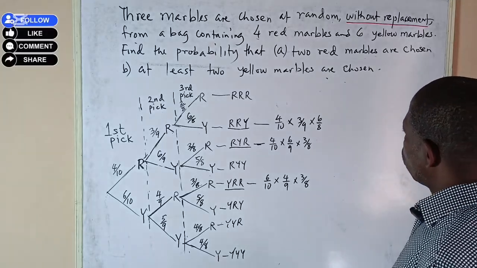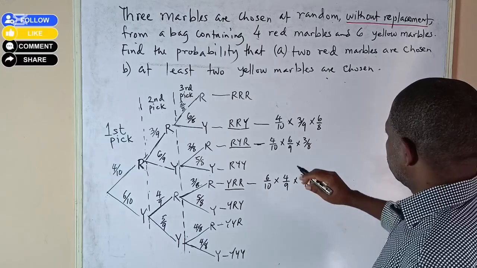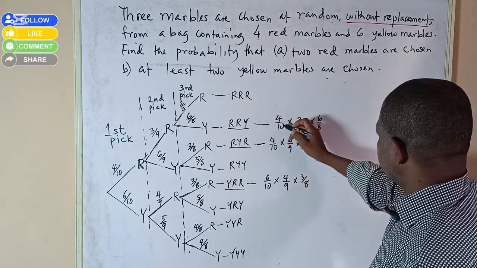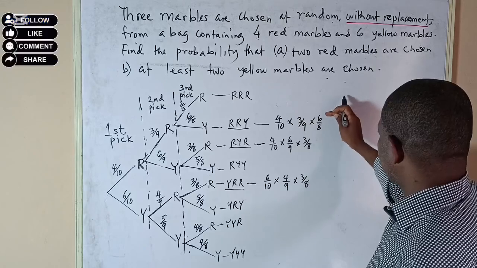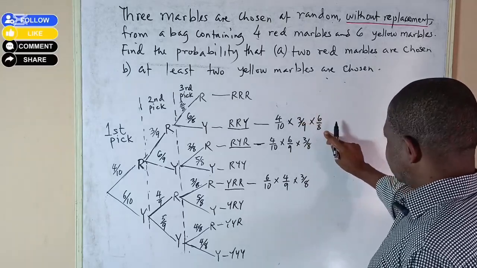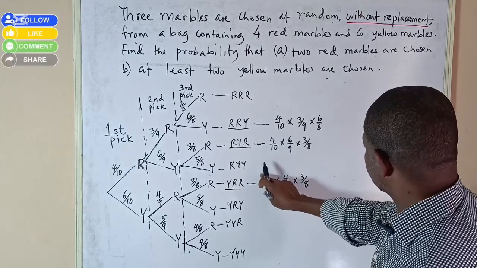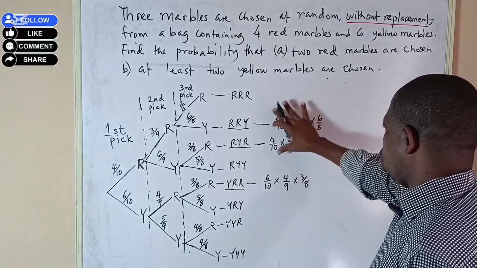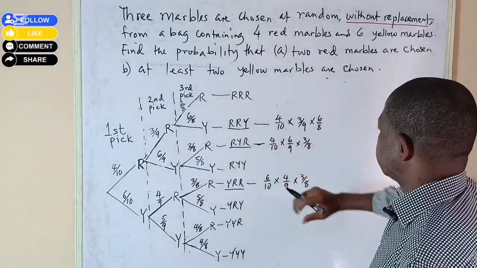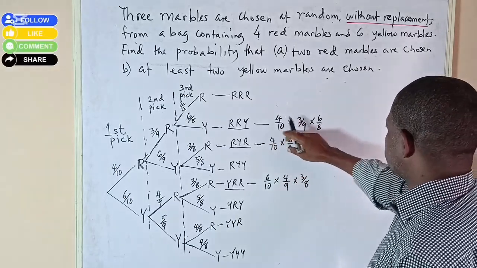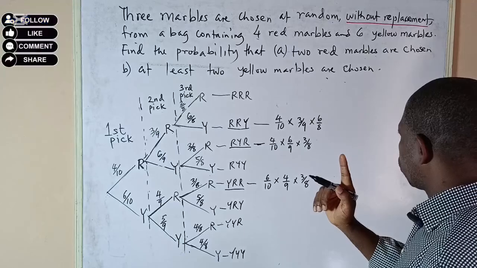Now, if we look at all of these fractions, you see 4/10, 6/9, 3/8. And then we have 4/10, 6/9, 3/8. You see, all of these fractions are actually the same. So if we can solve one out, then we have solved all of them.